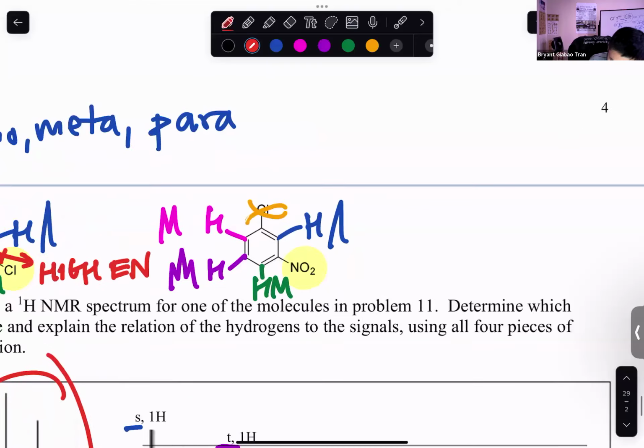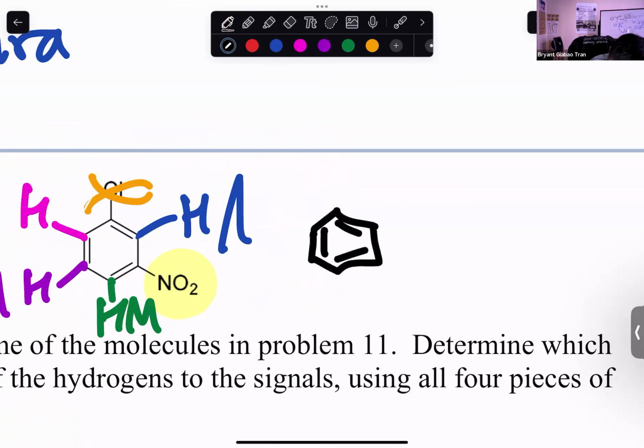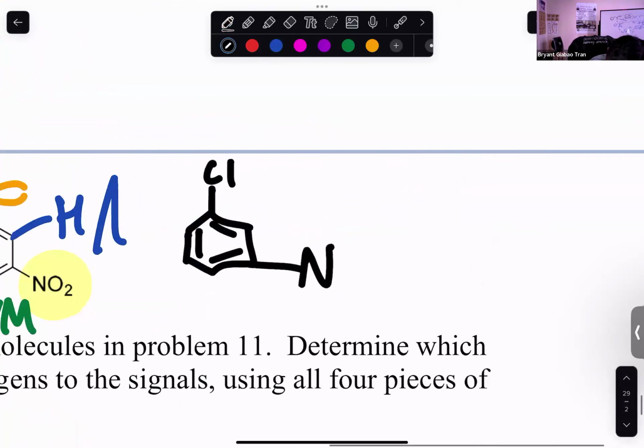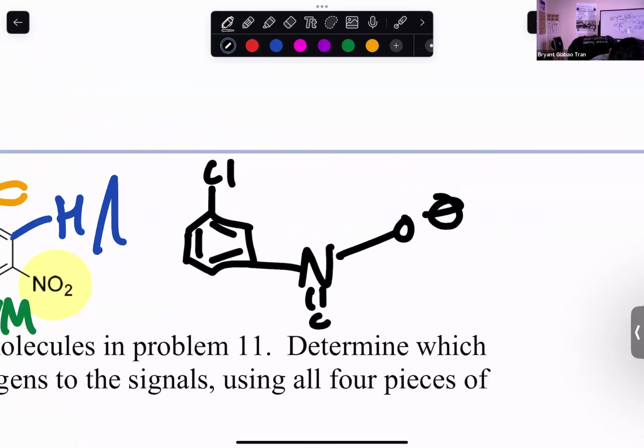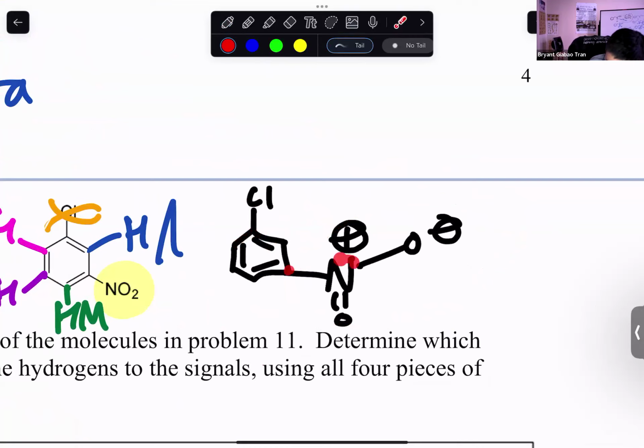But if we were to look at NO2 right here, if I were to draw out the full structure of NO2, I would get this Lewis structure right here, with the nitrogen with a big positive charge, right? And because the very first atom attached to this ring, the nitrogen, has a big positive charge, it's missing electrons.